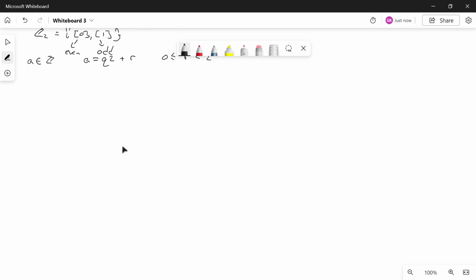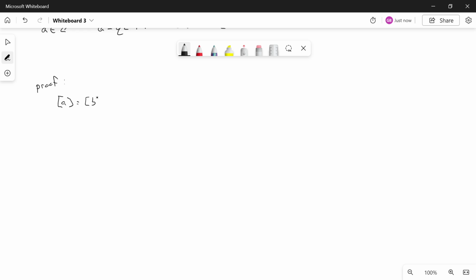All right, so back over to our whiteboard. Our proof is as follows. We have to do this for both addition and multiplication, so we're going to do the easy one first, which is addition. What we are given here is that the congruence class of a is equal to the congruence class of b.